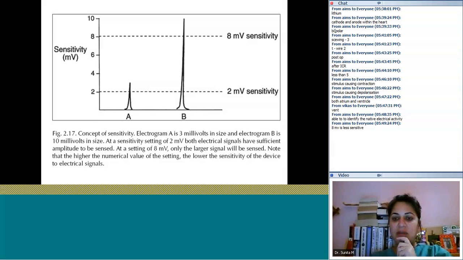But when you have a setting of 8 millivolts up here, only the larger amplitude signal is going to be sensed, right? So you're not going to be able to sense the amplitude that was 3 millivolts. So therefore it is less sensitive. So the lower the number, the higher is the sensitivity, and vice versa. So all clear on this?